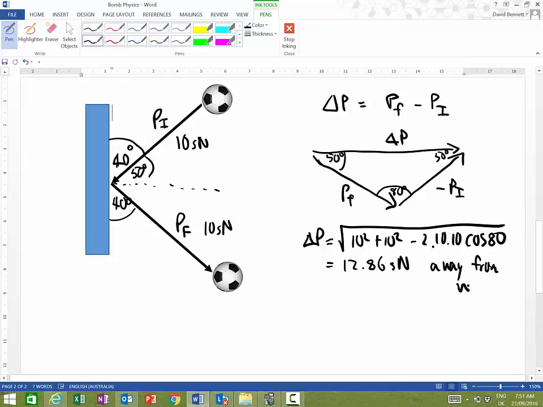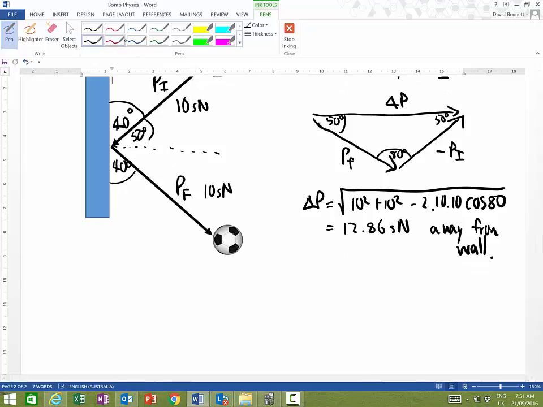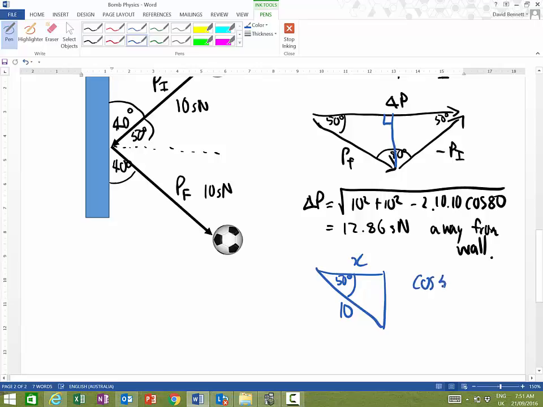Remember, it's a vector, so you've got to give a direction associated with that. The other thing you could do is break this triangle into two separate triangles and use trig. If this angle is 50 degrees, this side is 10, and I want to work out x, I have the adjacent and the hypotenuse, so cosine of 50 equals x over 10.